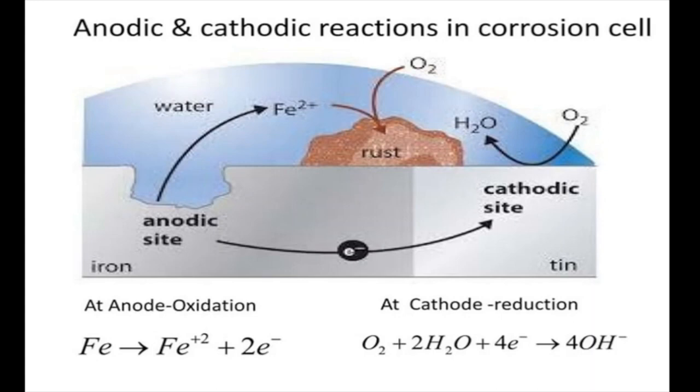In the water or aqueous medium, which is electrolyte in nature, the Fe2+ released, the water present on the site, and the oxygen from the environment or in dissolved condition all come together and create rust. That is the outside phenomenon. And inside, between the iron and the tin, the electron flow occurs from the anodic side to the cathodic side.